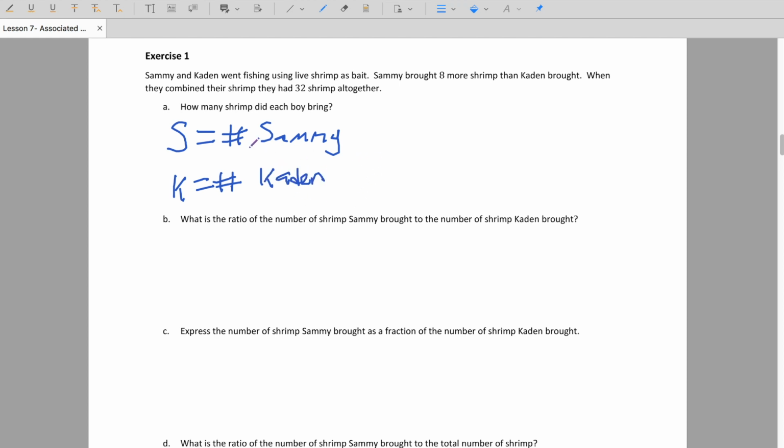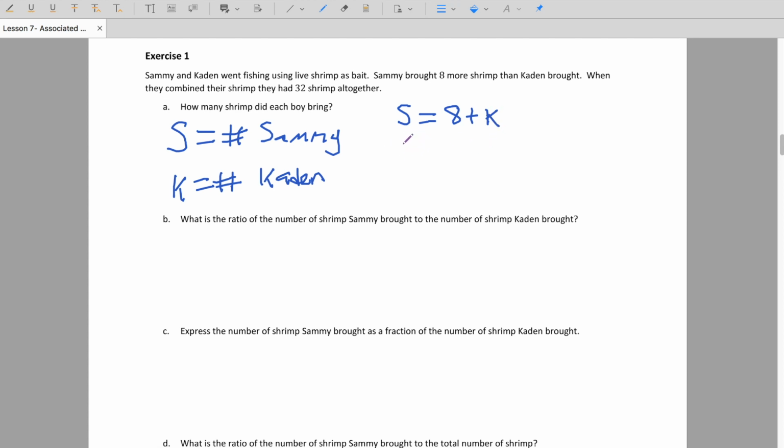Remember, S is the number that Sammy bought, so this is how many shrimp Sammy has, and K is how many shrimp Caden has. Sammy bought 8 more shrimp than Caden, so the amount Sammy has is going to be 8 more than Caden.